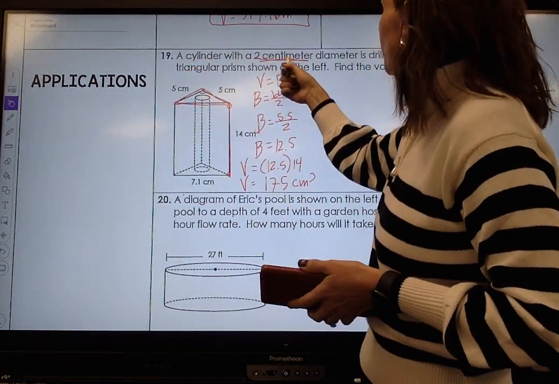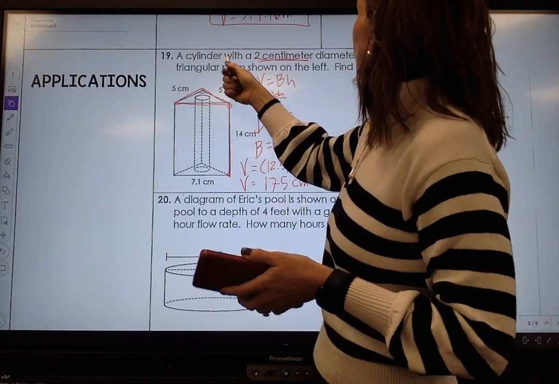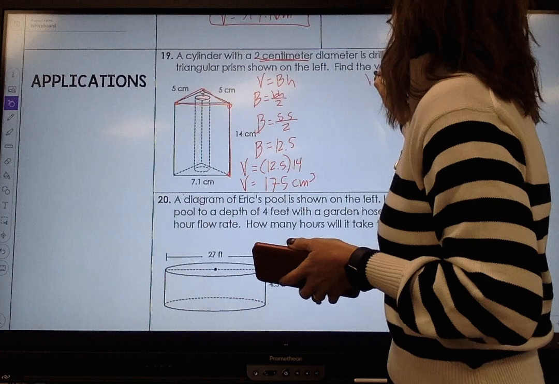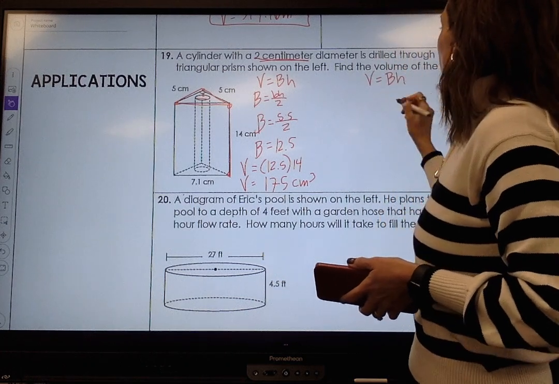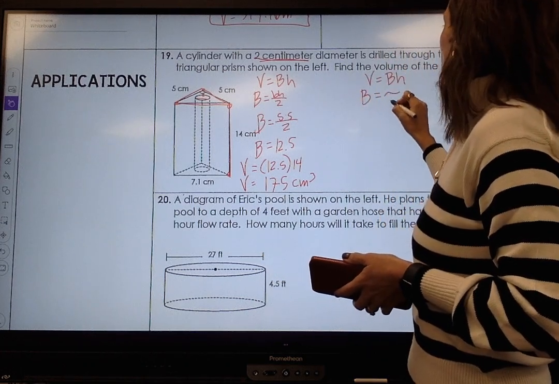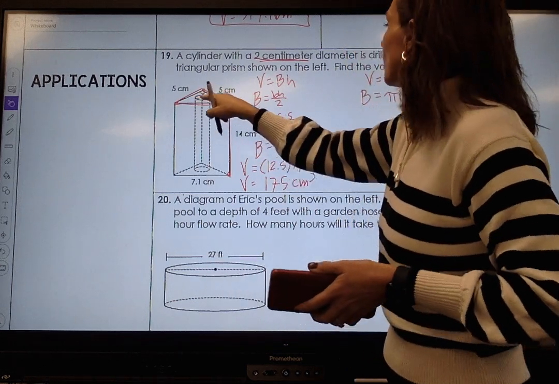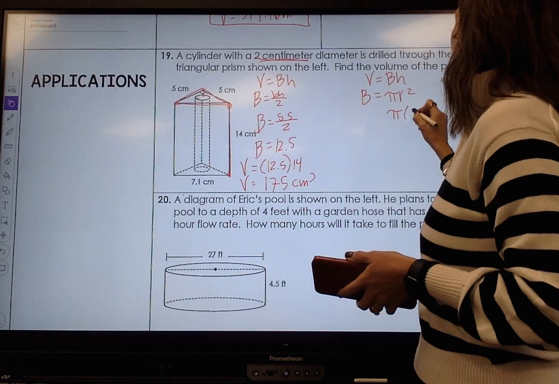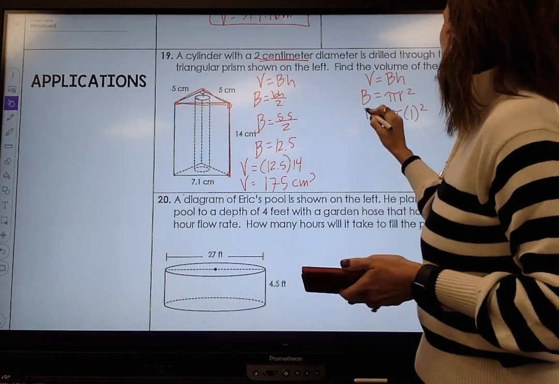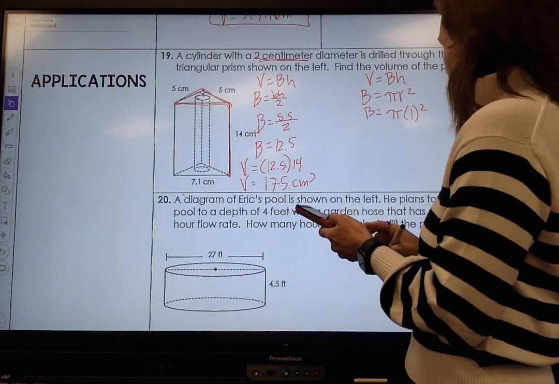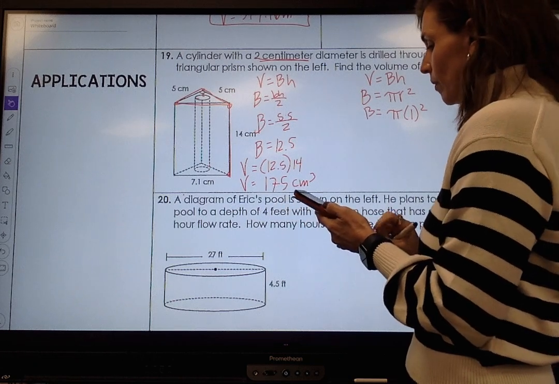Well, it tells me up here that the cylinder has a diameter of 2 centimeters. So volume is still big B times H, but in this case, big B is pi r squared. And the radius, if it's 2 centimeters for the diameter, the radius is going to be 1. So big B is just pi, which is going to be 3.14.